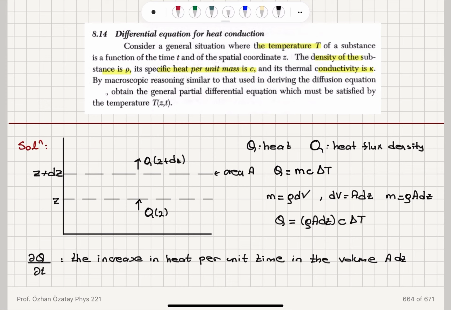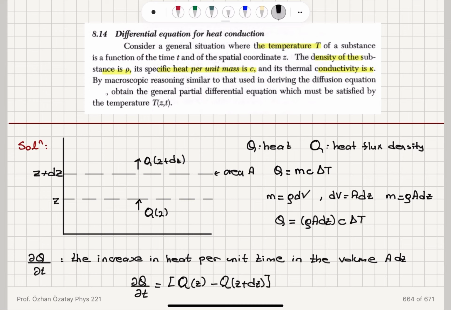Now, this is the heat that is being transmitted through this region due to the temperature differential between z and z plus dz. If I look at the time dependence of this heat, the increase in heat per unit time in the volume A dz, dQ dt, that heat transmitted will increase in time due to the heat flux entering this region at z minus the heat flux leaving this region at z plus dz.